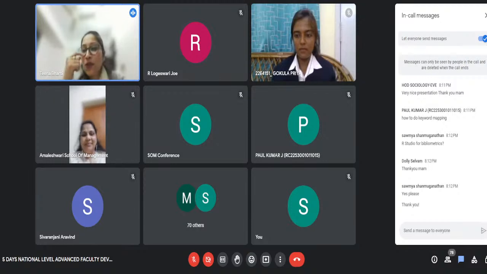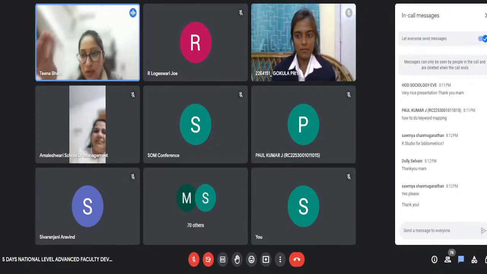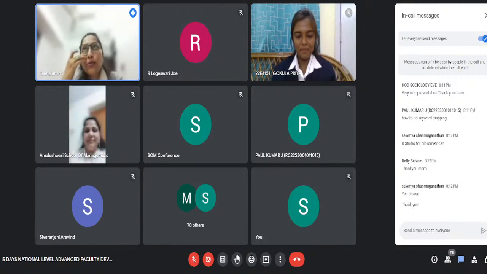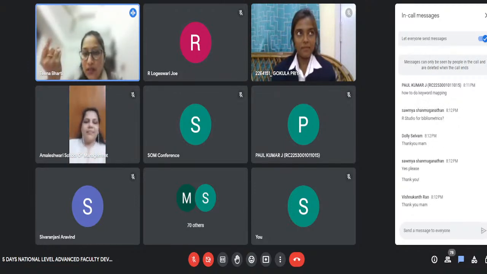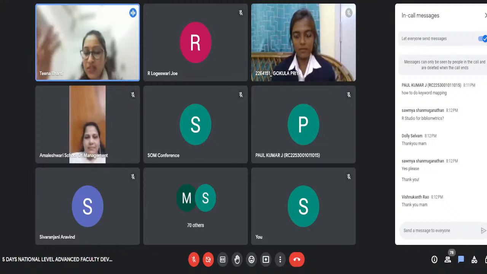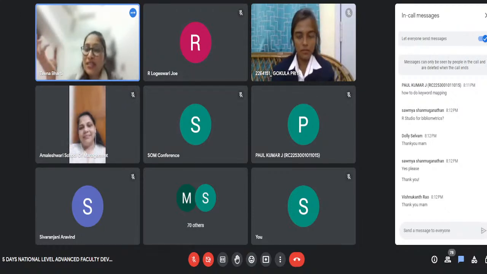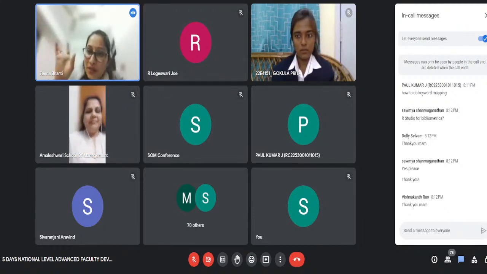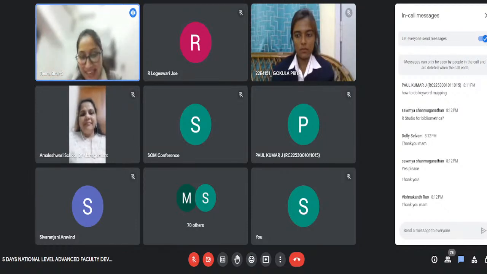There are a lot of softwares actually which are coming in the market. Like Gephi is one. You would refer to a lot of network maps which you might come across in research articles. That is another software. What it does is it takes the data from what VOSviewer has, and from there you have to go to Gephi again and create your own nodes.